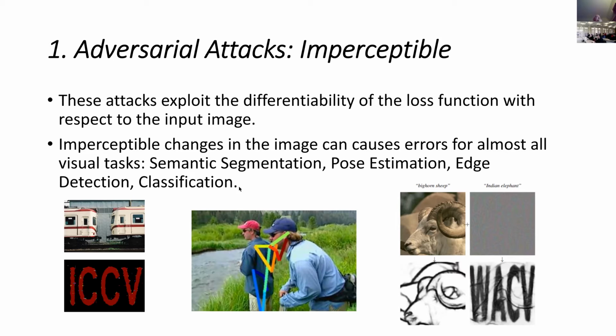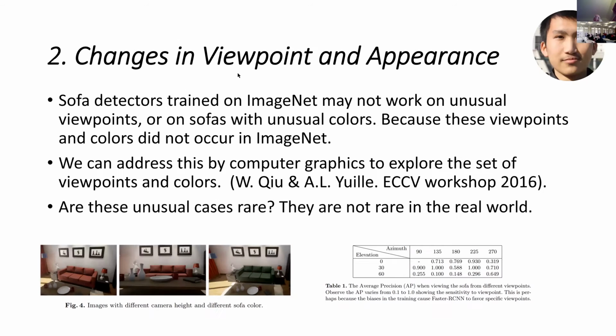Okay, another one is changes of viewpoint and appearance. In this case, work illustrated by my student Wei Chao, sofa detectors which were trained on ImageNet would work perfectly on ImageNet, but may not work on unusual viewpoints or on sofas with unusual colors. That is because these viewpoints and colors did not occur in ImageNet.